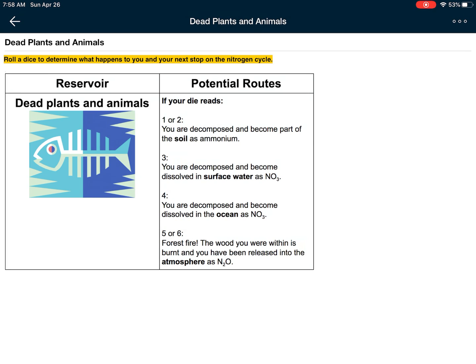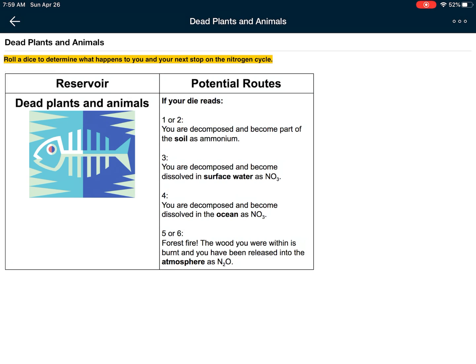That sentence is copied word for word on our assignment page. That's all you have to do: literally word for word, copy down what happens to you. The bolded words are your ending locations, and ammonium is your form. It's as simple as that.